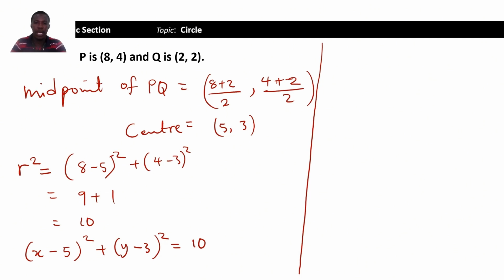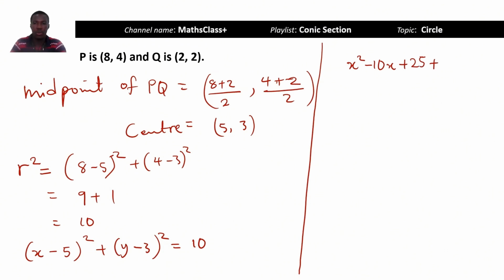So when I simplify, I'll get x squared minus 10x plus 25. And then I'm adding this to y squared minus 6y.